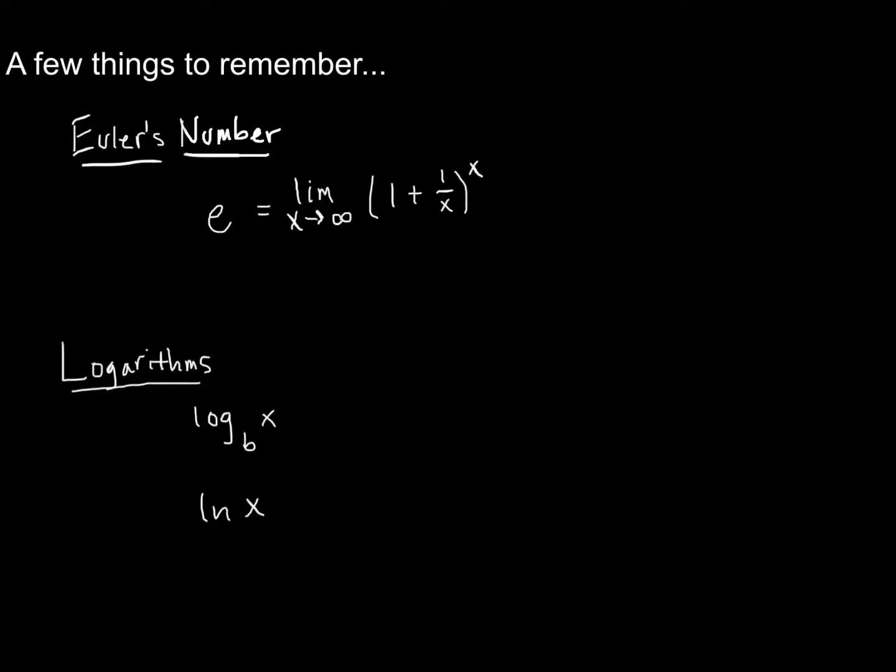So what this is saying is, what would your base be if the value that you kept adding on was really small, right? So 1 plus a very, very small fraction, but you did it infinitely many times.